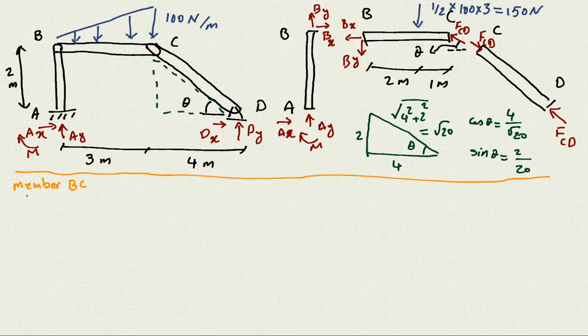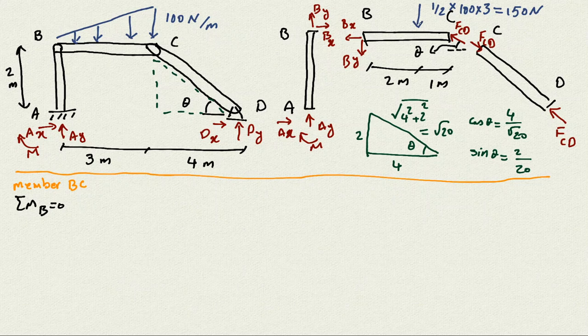So if I write sigma M about point B is 0. Why am I doing that? Because if I write about point B, the Bx going through point B and the By going through point B don't produce any moment.